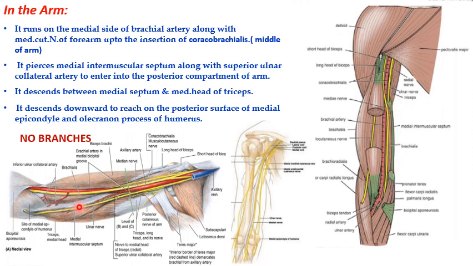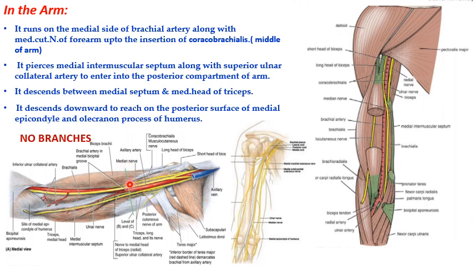This is the medial intermuscular septum, along with the superior ulnar collateral artery, and enters into the posterior compartment of the arm, lying between the medial intermuscular septum and the medial head of the triceps, where the ulnar nerve along with the superior ulnar collateral artery rests on the medial head of the triceps.